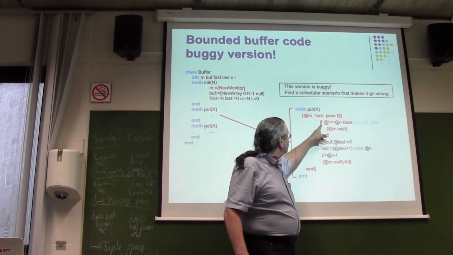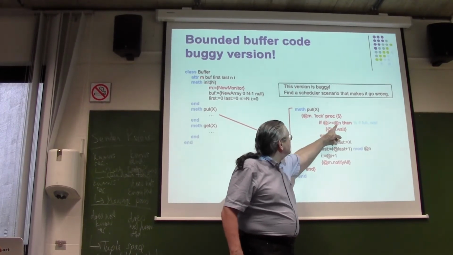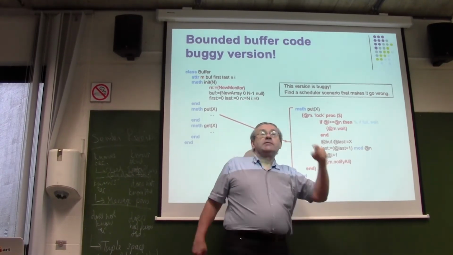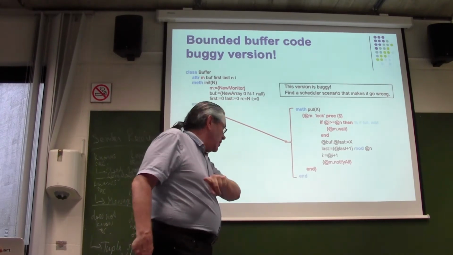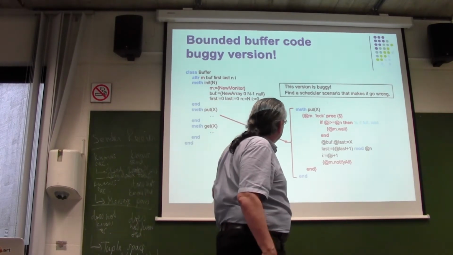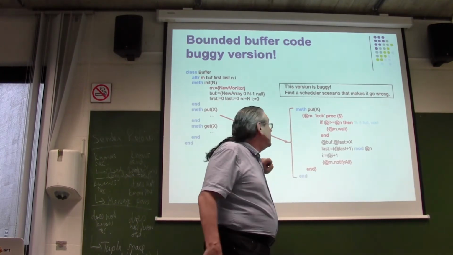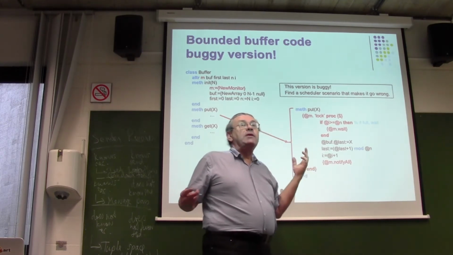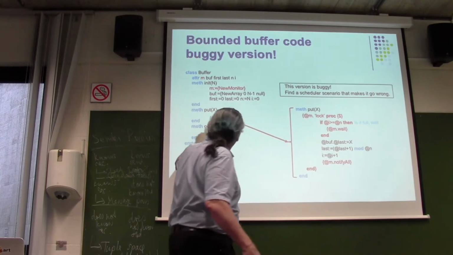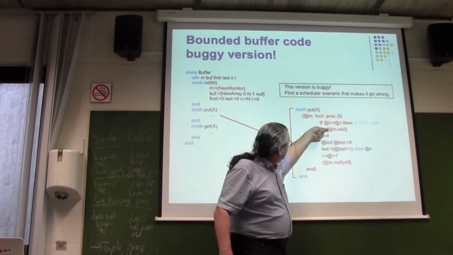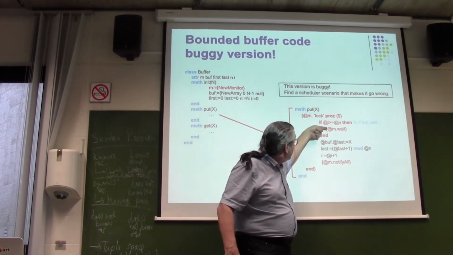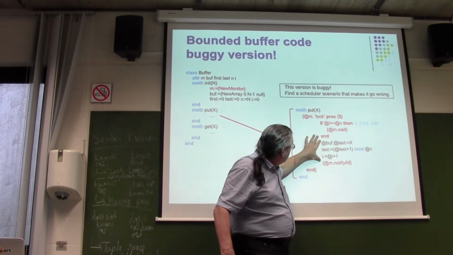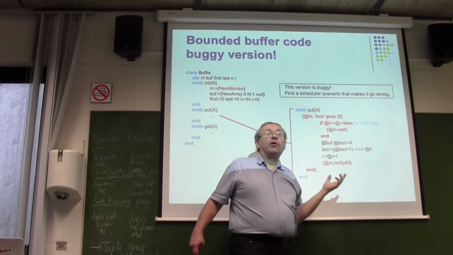It looks reasonable, right? If the buffer is full, so this is a good comparison, then I call wait. And someone else does a get, okay, the get will remove an element and do notify all, and the get will work, because since the buffer is not empty, the get can remove an element. The get code will do notify all, and then the put that did await will resume, and it will start executing. And since there's a slot available, it will add an element, and it will seem to work, right?